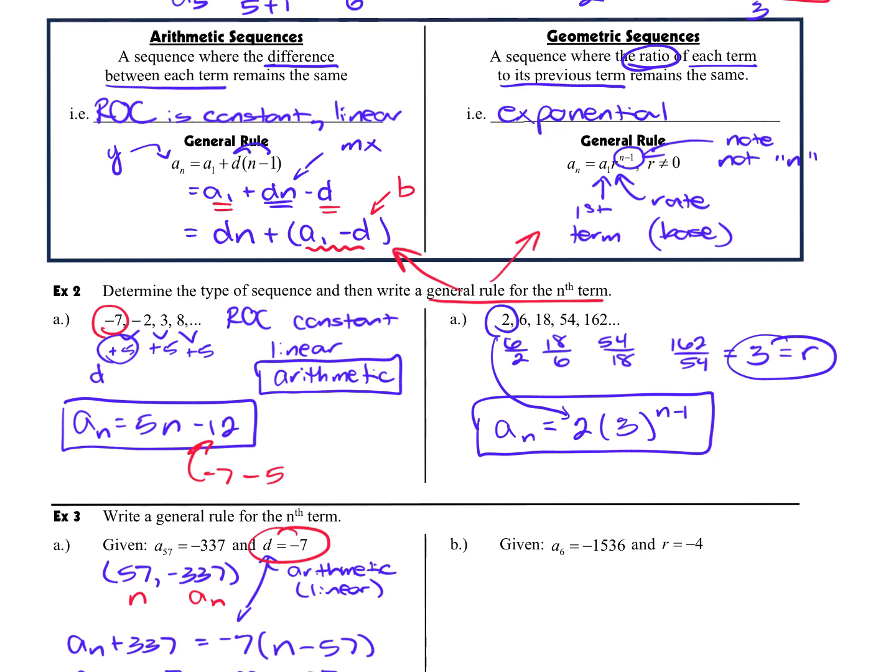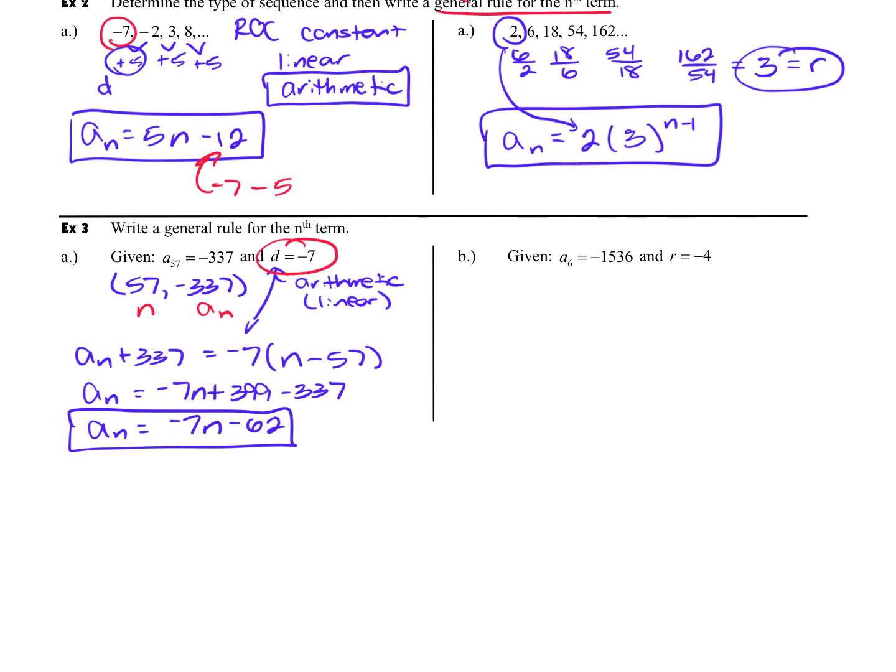The next thing that we're going to do is look at a little more random case here. Similar in idea, we already know the ratio. That's convenient because they said it's a ratio, the r. We know it's geometric, which means it's exponential.